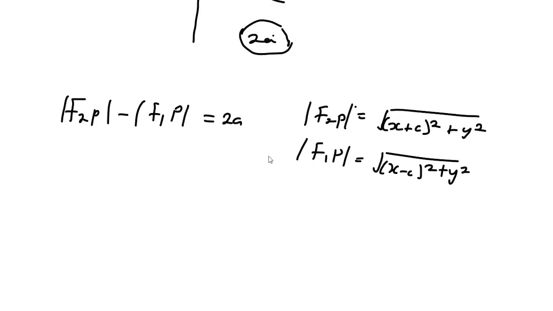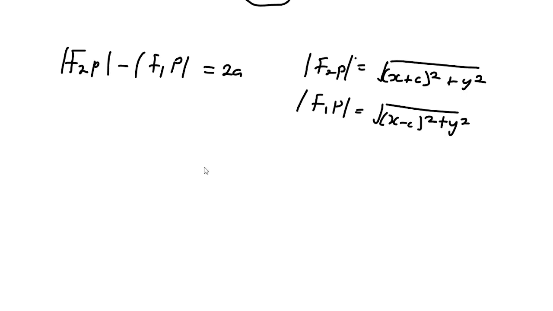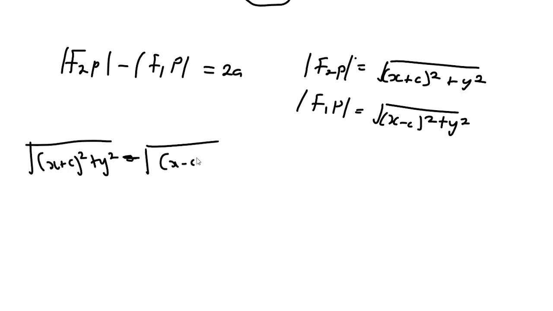So let's put it back into the definition and see how it behaves. This is going to be the root of x plus c all squared plus y squared, minus the root of x minus c all squared plus y squared, equal to 2a.